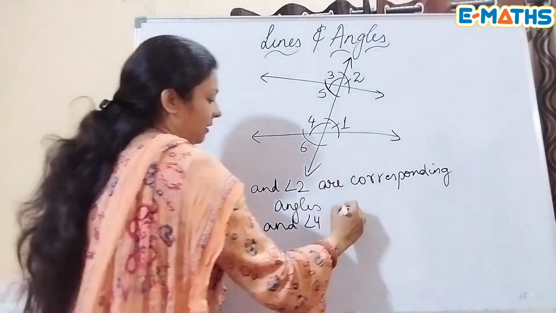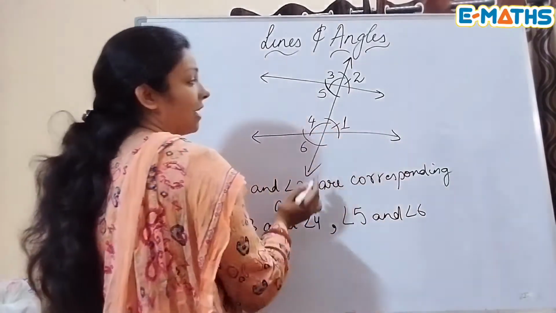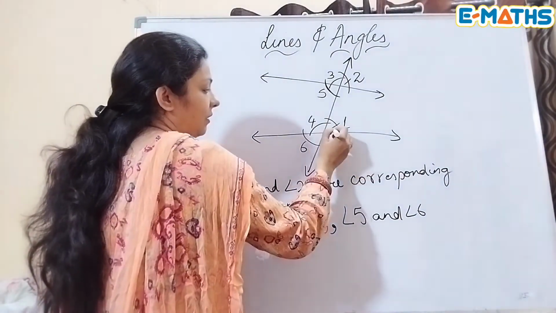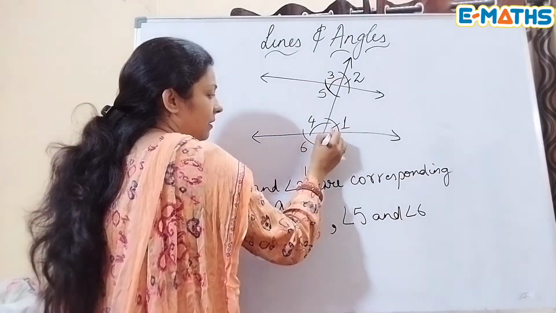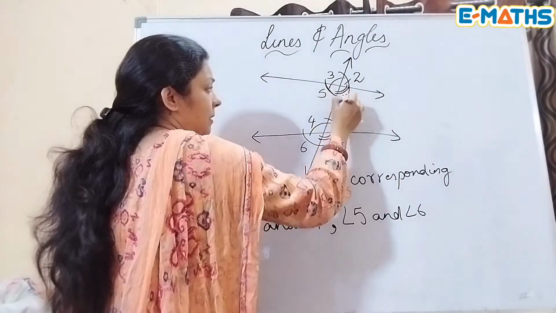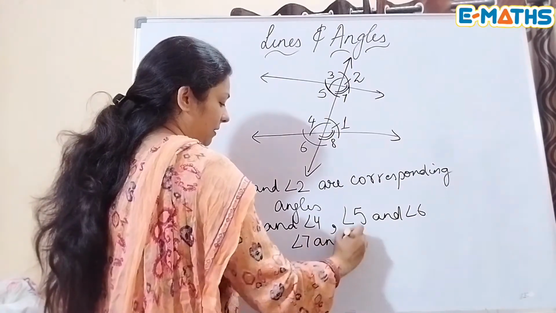Similarly, we have angle 5 and angle 6, and last we have one more pair which is on the right hand side of this line. Let's name it 7 and 8. So we have got 4 pairs of corresponding angles.